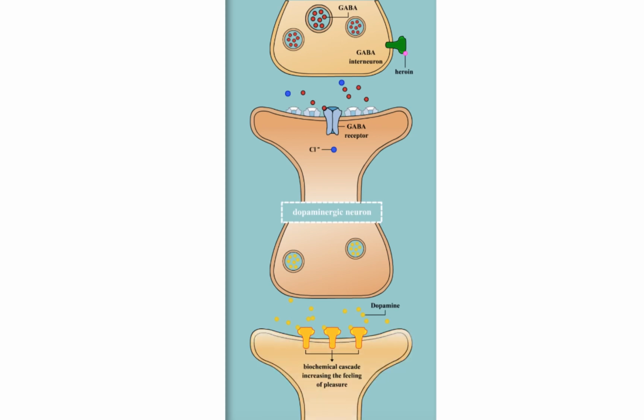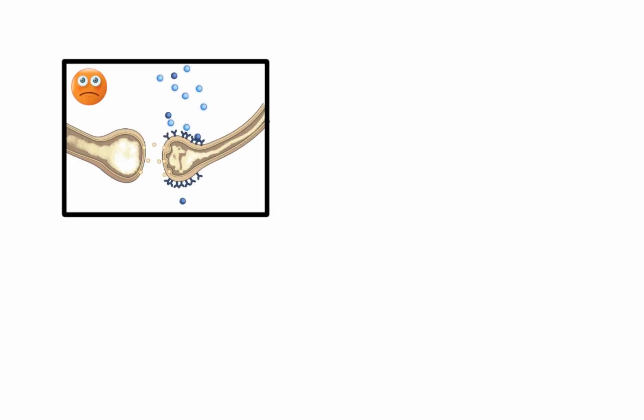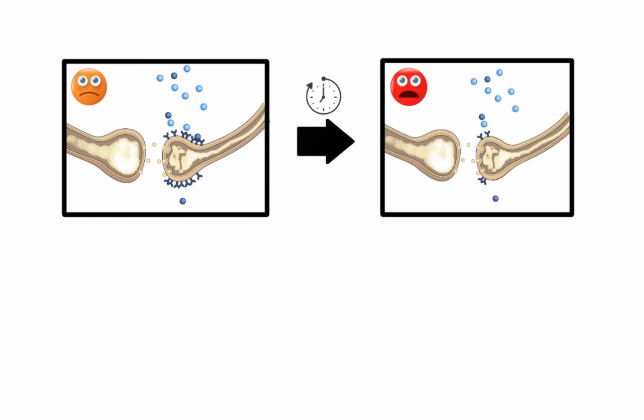Now, on the other hand, prolonged regular use of opioids leads to desensitization of receptor signaling and downregulation of the receptors and thus a decrease in sensitivity to the effects of opioids. As a result, when regular opioid use is reduced or suddenly stopped, the lack of receptor activity is manifested as withdrawal symptoms.